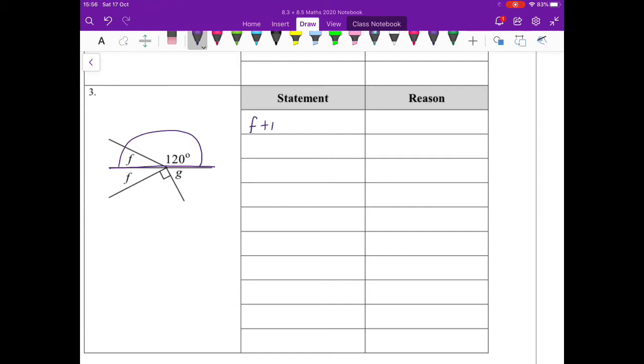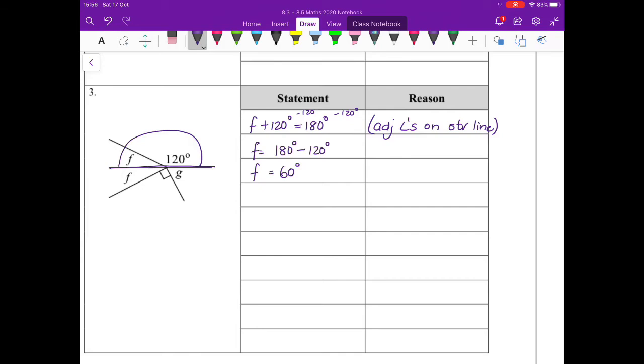So F plus 120 degrees equals 180 degrees. How do I know that? Well, they are adjacent angles on a straight line. So now we'll say F equals 180 degrees minus 120 degrees each side. So 180 minus 120 degrees, so F equals 60 degrees.